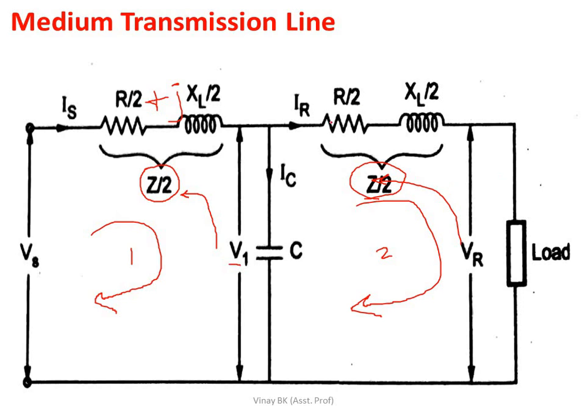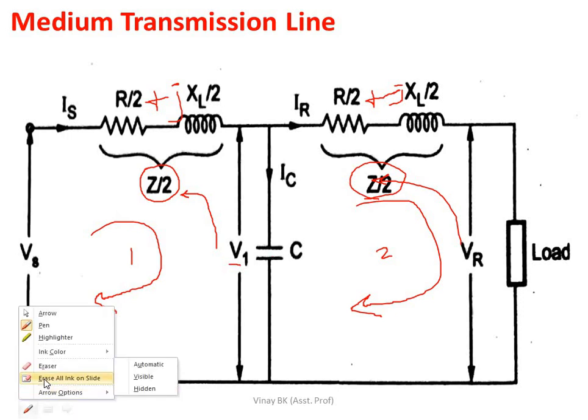Also you can write VR plus IR into R by 2 plus j into IR into XL by 2. So instead of writing R by 2 plus j XL by 2, I can write Z by 2, so that I get V1 equals VR plus IR into Z by 2.